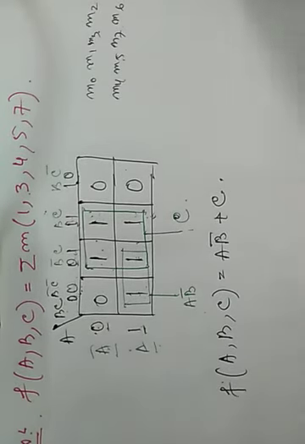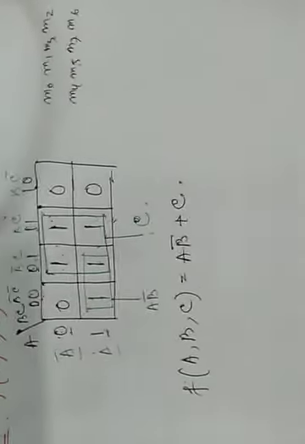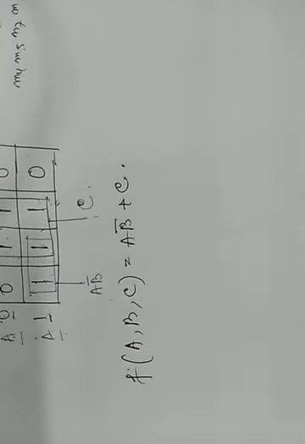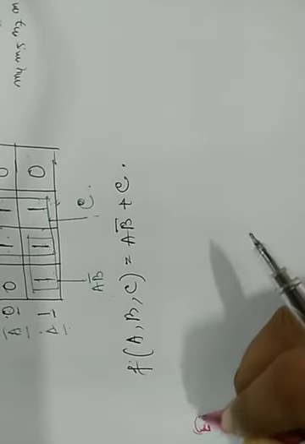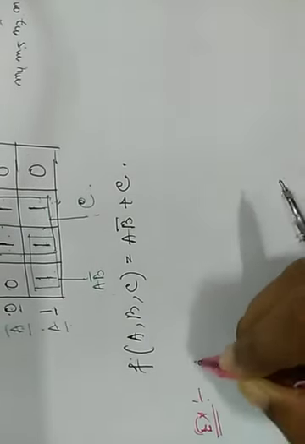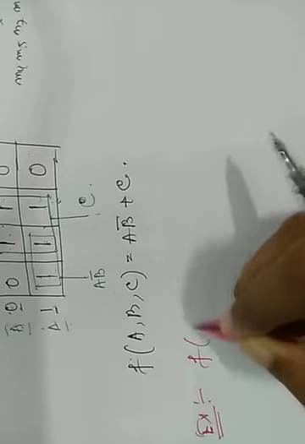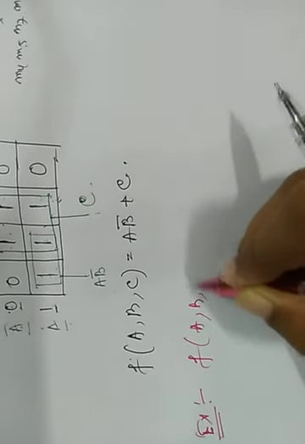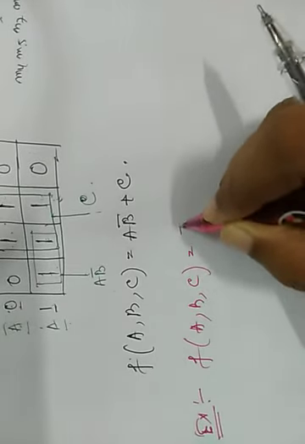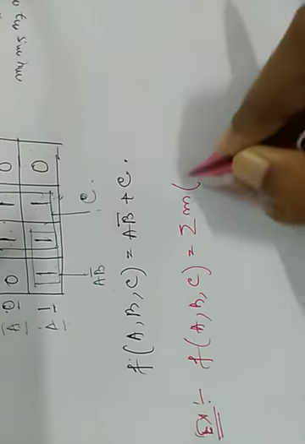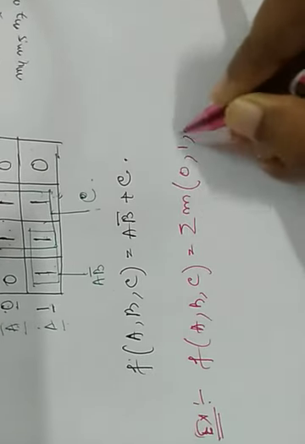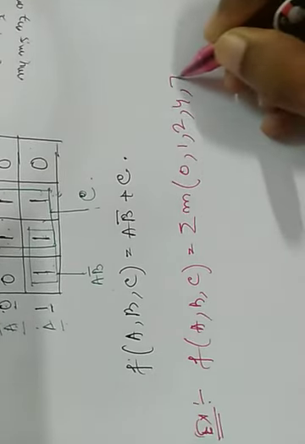Okay. Now there is another example. Suppose F(A, B, C) equals sum M 0 1 2 4 7.